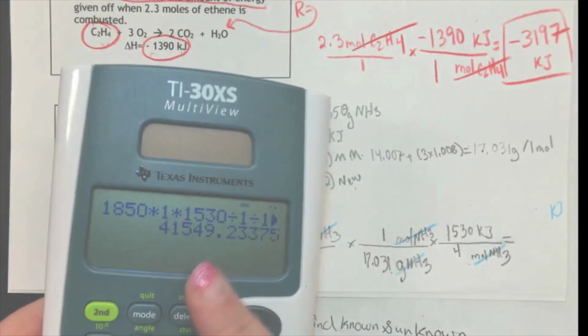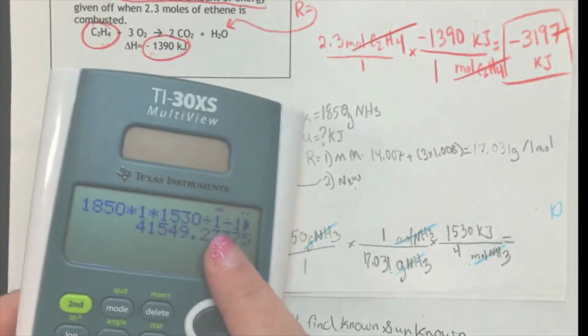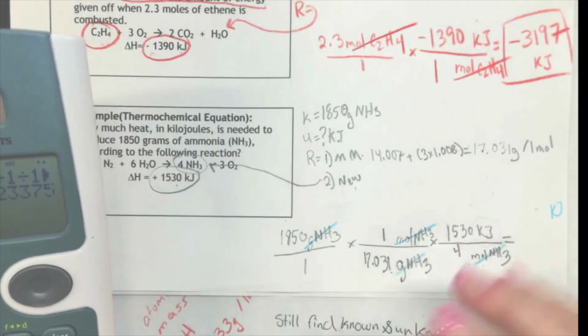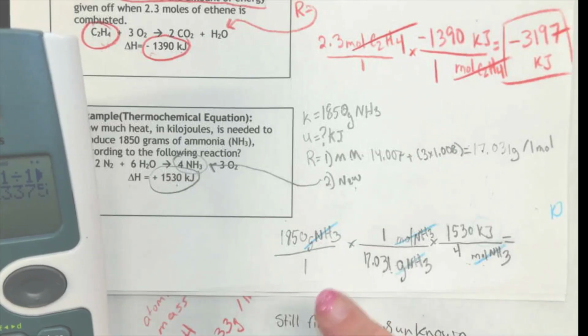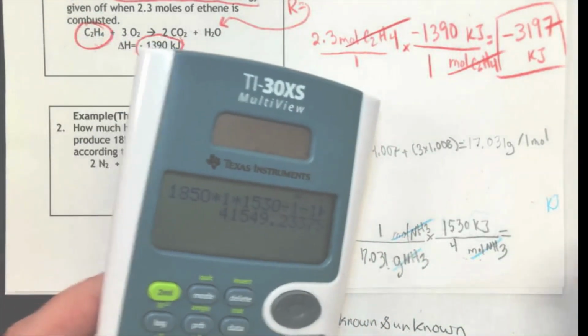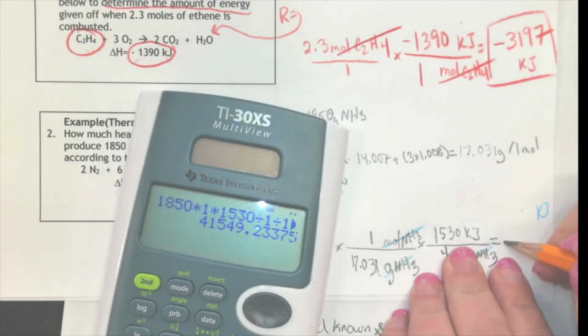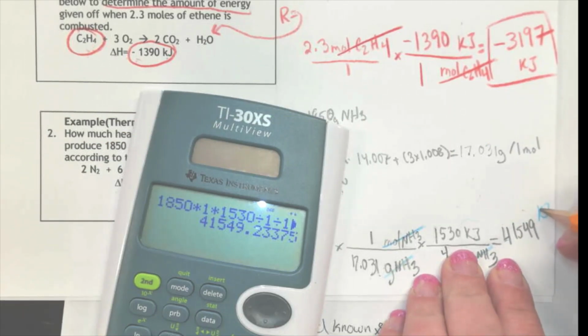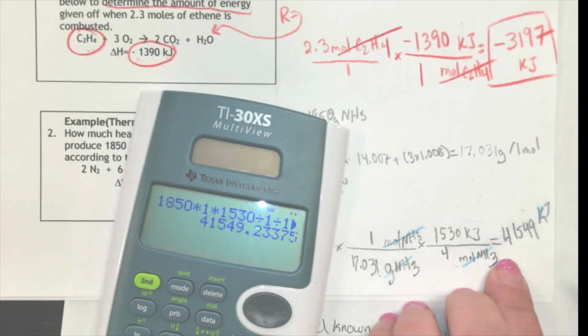We get a really big number. We don't need everything in this. We technically only need 4 significant figures, but I'm going to go ahead and write it up to the ones. Here we go, 41,549 kilojoules. That's our answer.